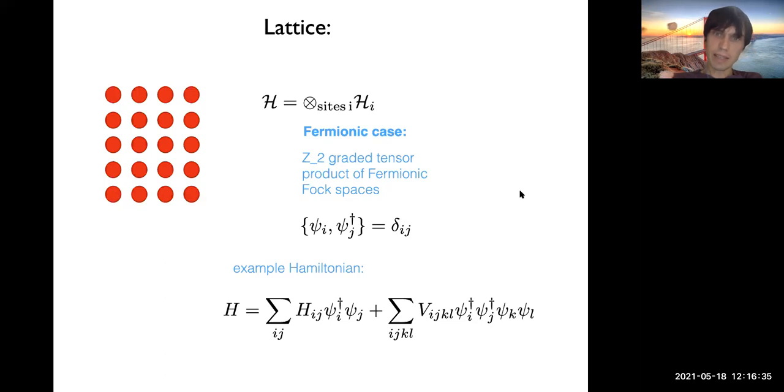There are site Hilbert spaces, which in the simplest case are two-dimensional fermionic Fock spaces with the usual anti-commutator algebra, and all the action happens in this Z2 graded tensor product of these fermionic Fock spaces. This is the exponentially large many-body Hilbert space. And here's a sample Hamiltonian that includes both free fermion terms as well as interactions.